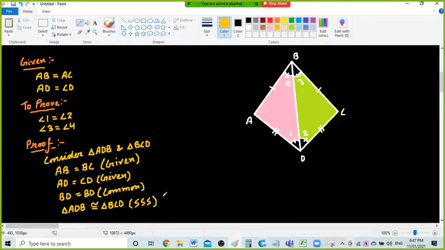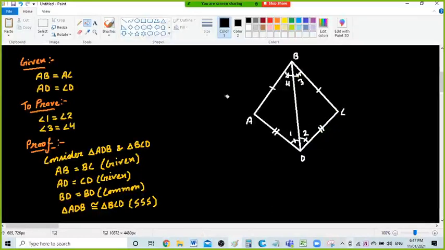Right? Now, if these two triangles are congruent, it means the rest of their corresponding parts are also equal. So that's why we can say that angle 1 equals angle 2 by which property?